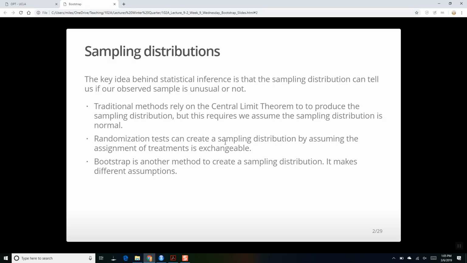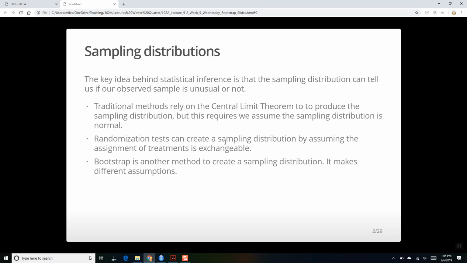We assumed that the assignment of treatments was done randomly, which means any other permutation of those treatment assignments is equally valid, and we can create a sampling distribution by just re-randomizing those treatment assignments. So we can just shuffle these things, and we explored that on Monday.